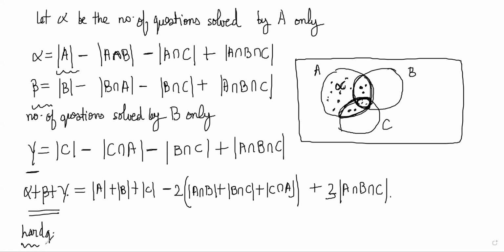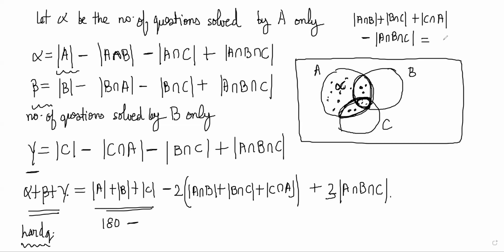Now this is the total number of hard questions. We know that this value is 180, and from the first result that we had gotten, A intersection B plus B intersection C plus C intersection A minus A intersection B intersection C was equal to 80, right?